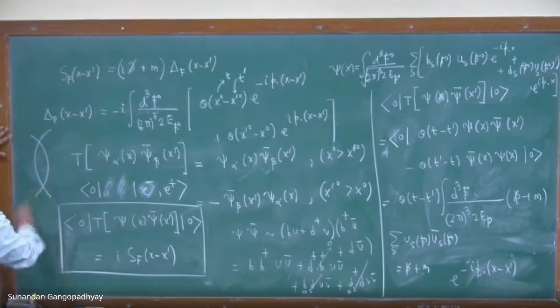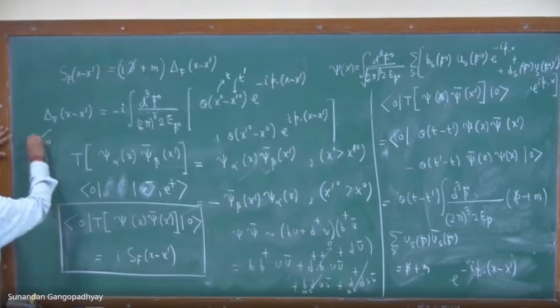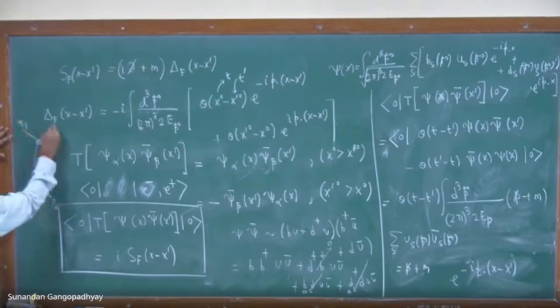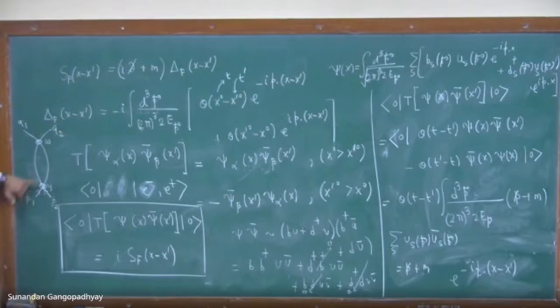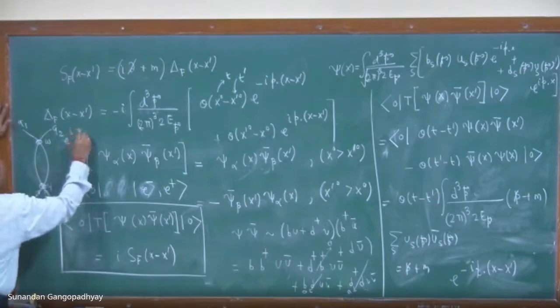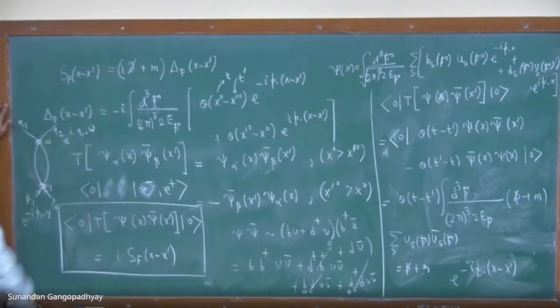If you have this kind of diagram, suppose I call this vertex y and this vertex w. This is one leg with momentum p1, this is momentum p2, this is q1, and this is momentum q2. When writing the external leg for this, I write e to the power minus i p1 dot y, and when this is going out, I write e to the power of i q dot w.